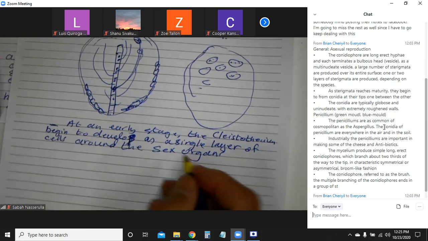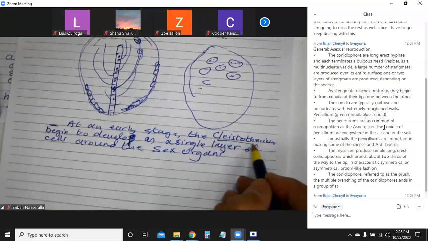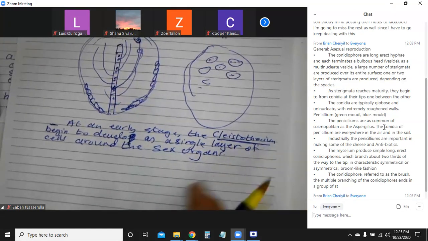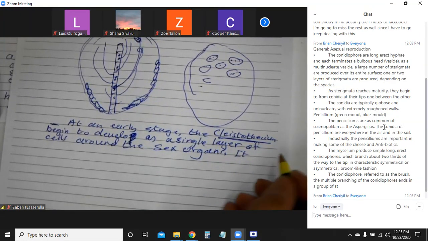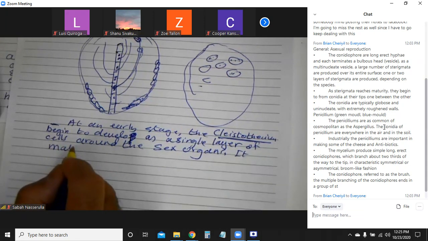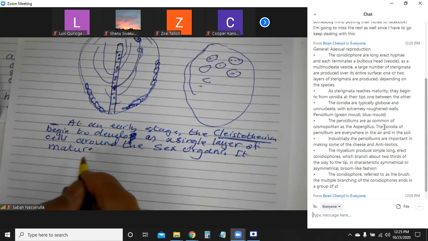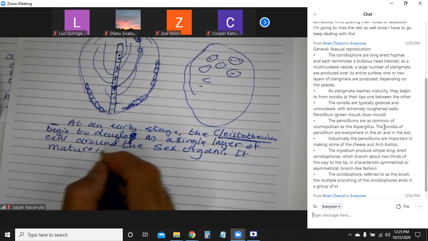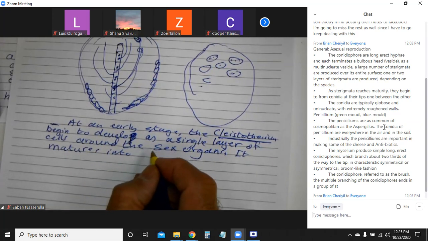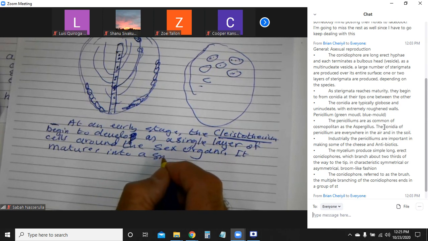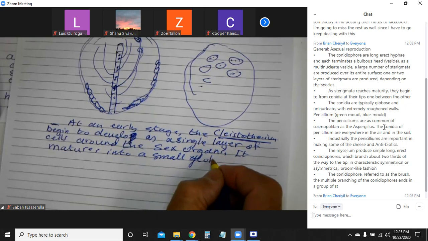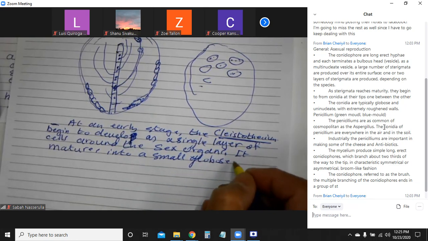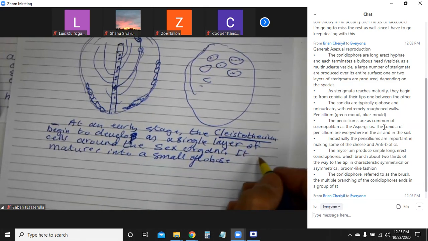And of course, at an early stage, don't forget the cleistothecium here. Then it matures, later on, into a small globose, circular ascocarp.